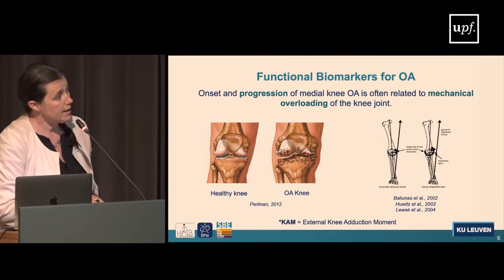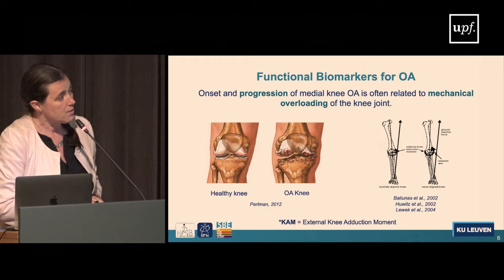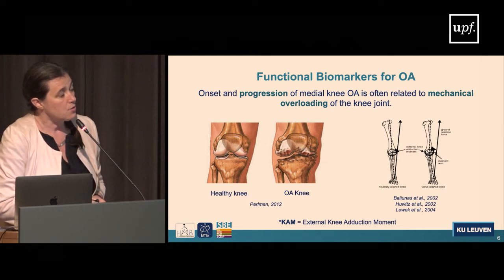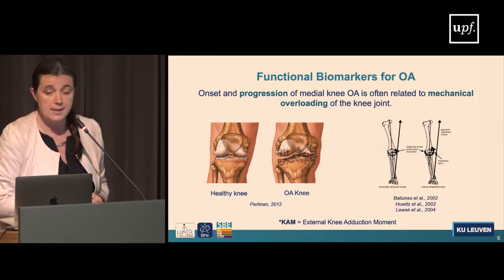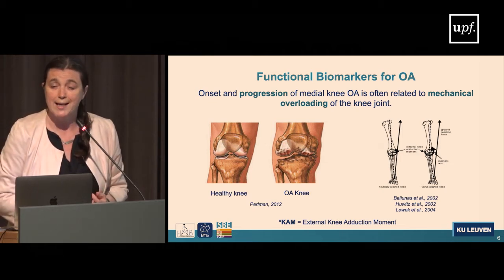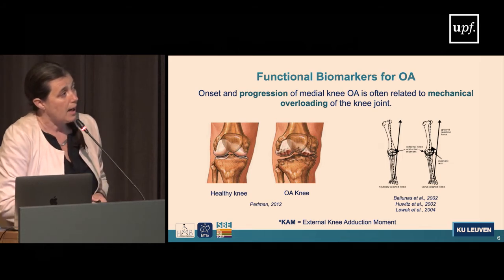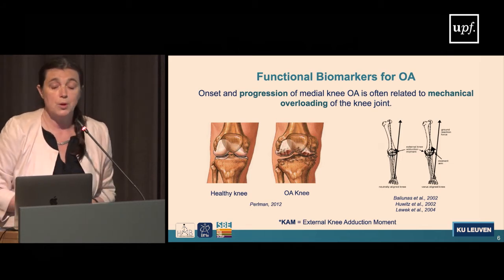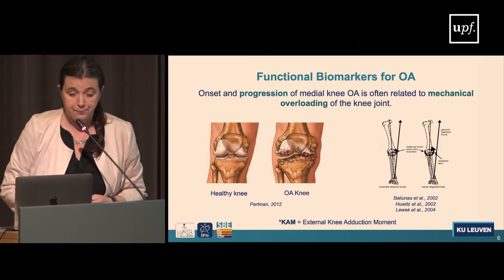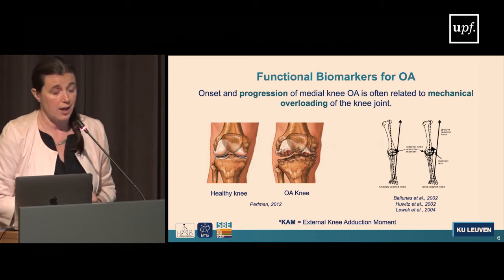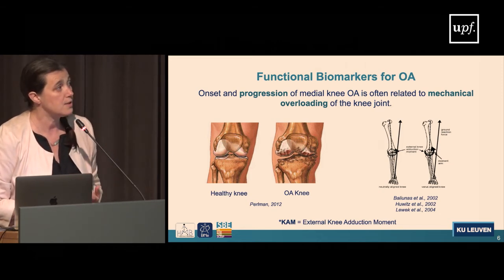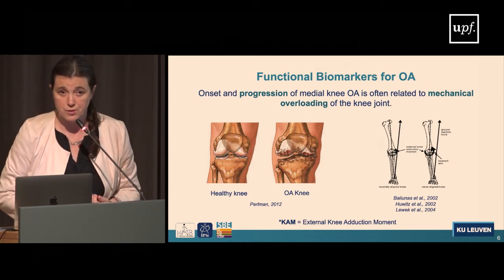So we are actually evaluating how this ground reaction force vector is falling with respect to the knee joint center. And what is known is that in knee osteoarthritis, this lever arm is increased, and due to that, we say that there is higher medial compartment loading in the knee joint. So this has been described, and it is known that it is related to the progression of osteoarthritis.